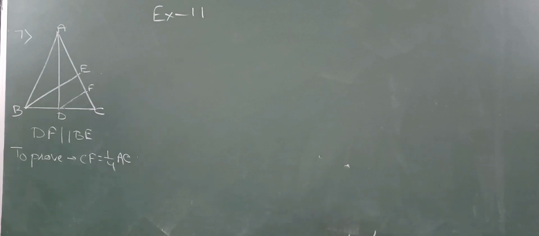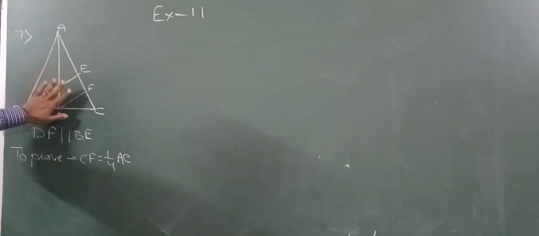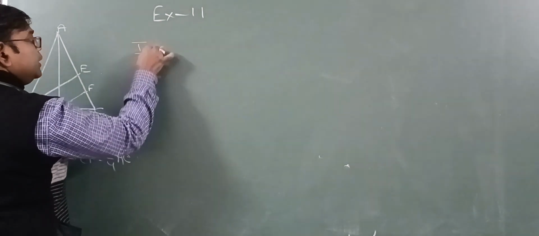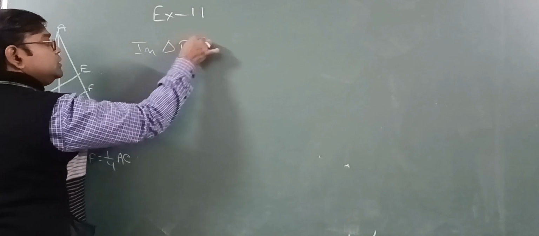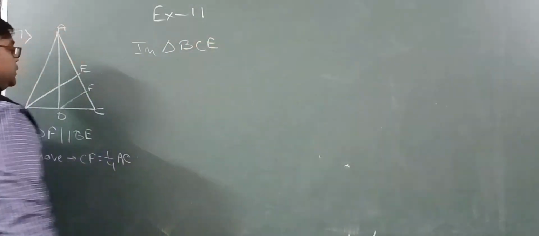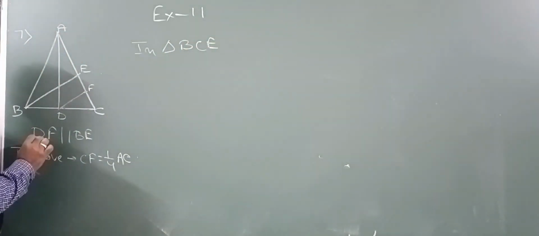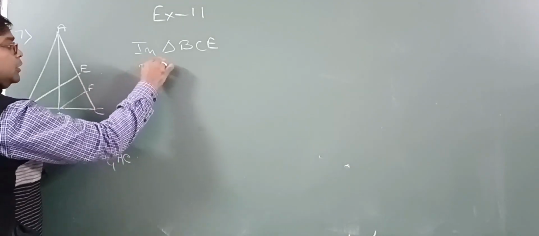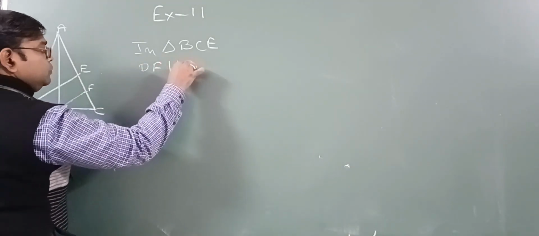So first we start from triangle BCE. In triangle BCE, we know that DF is parallel to BE.